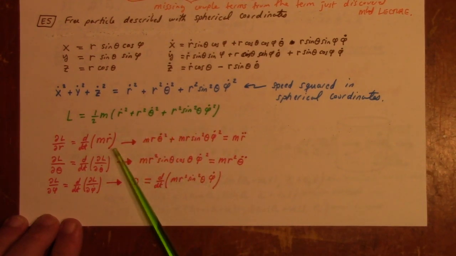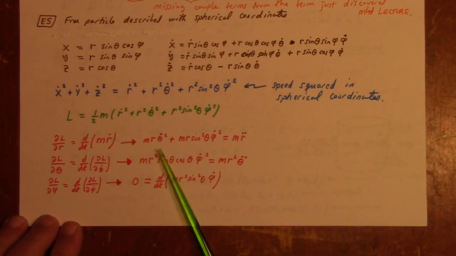And as such, the Lagrange equations are these. Here's your radial equation, here's your theta equation, and apparently the angular momentum in the phi direction here is conserved. So that's kind of cool.